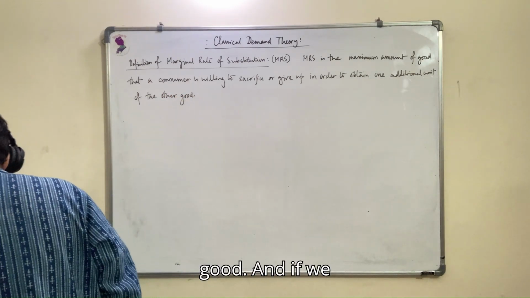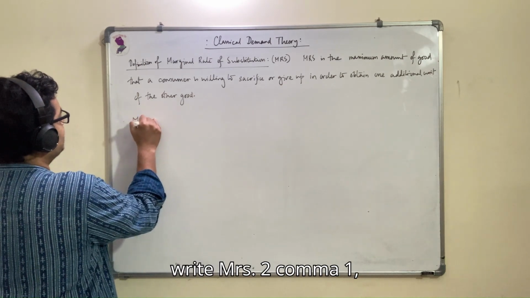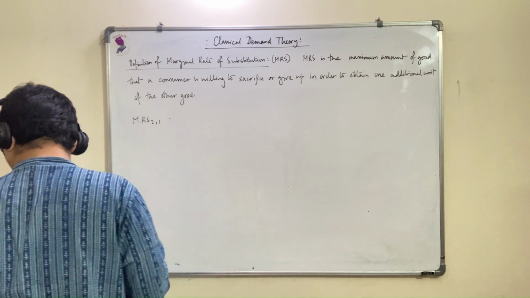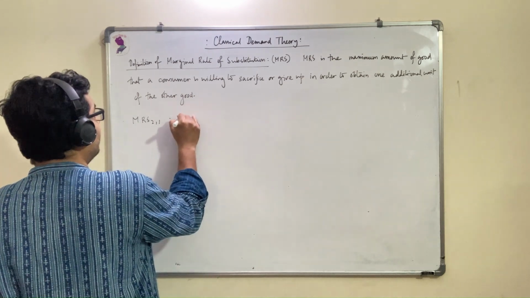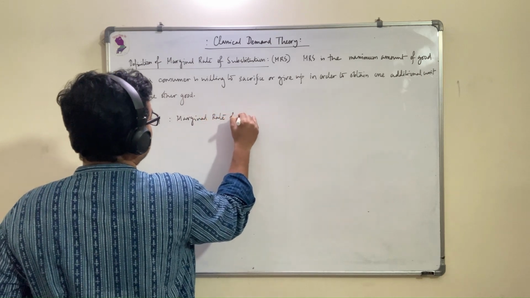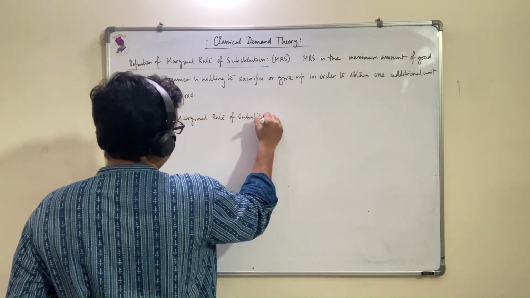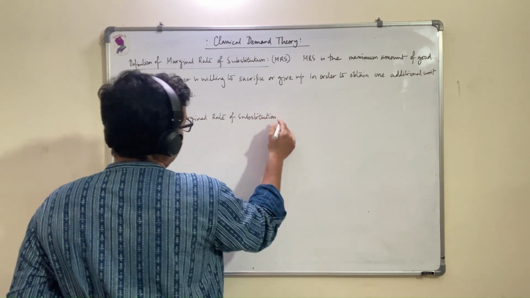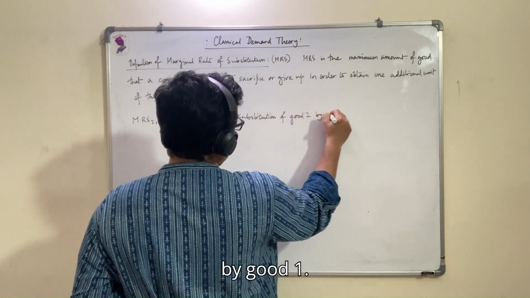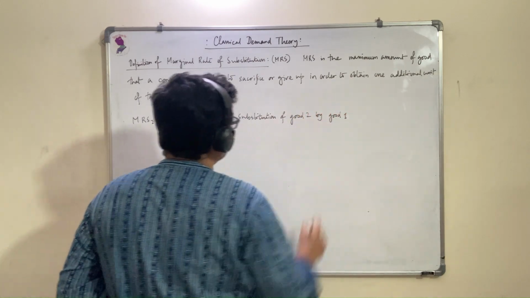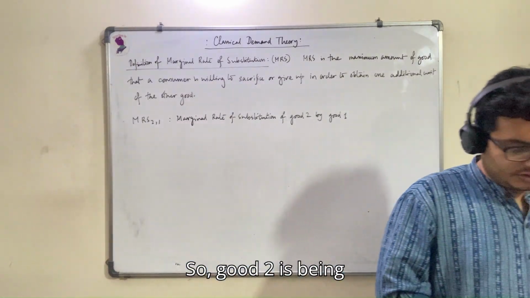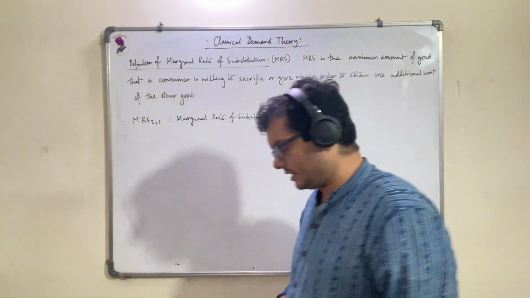Okay. And if we write MRS 2, 1, then this means marginal rate of substitution of good 2 by good 1. So good 2 is being substituted, right?